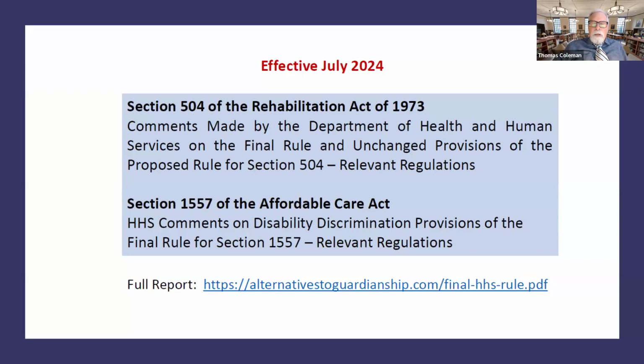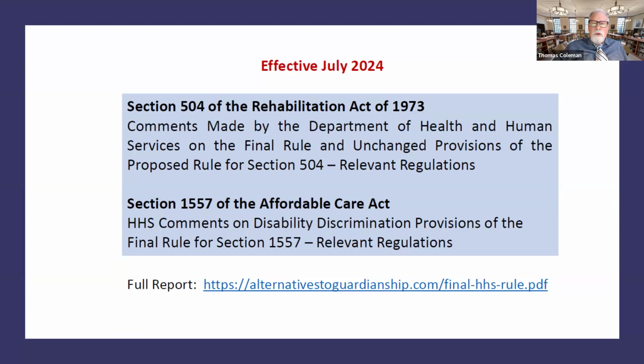And I want to go through this today briefly to explain various sections of the new rules and how they would apply to patients, how they would apply to families that want to advocate for patients with disabilities, and how they apply to healthcare providers.